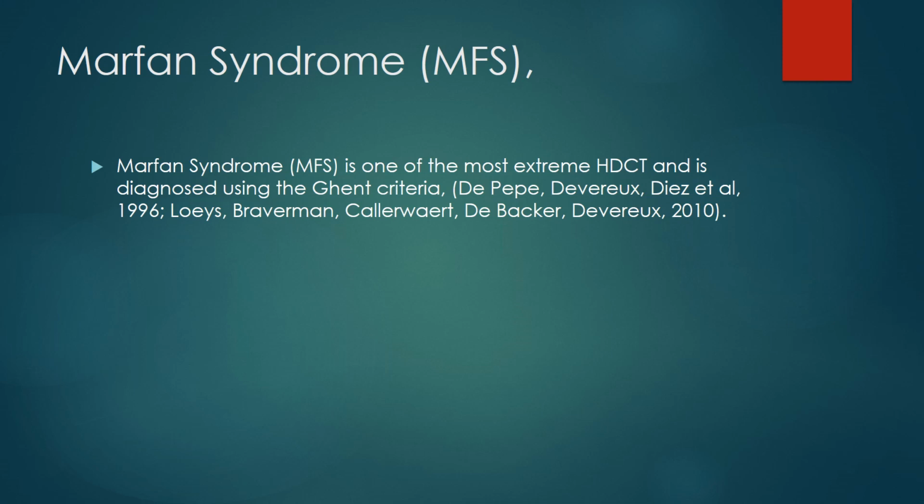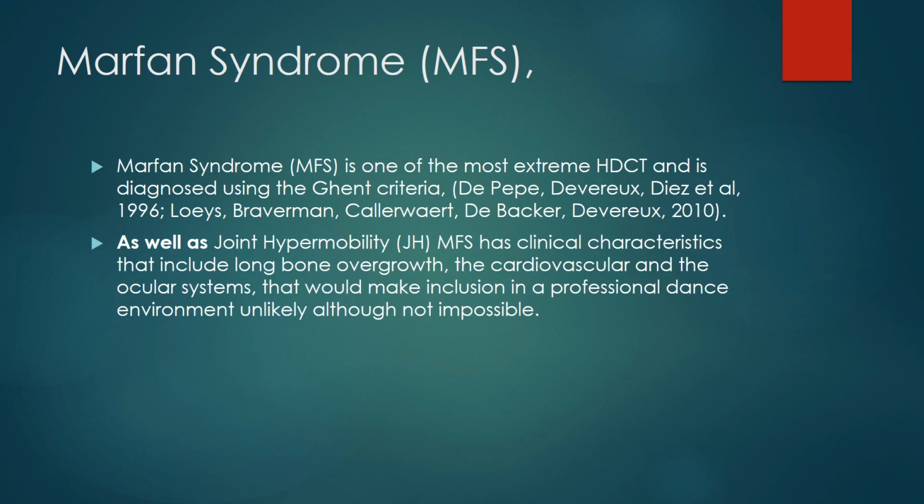As well as joint hypermobility and extreme flexibility, Marfan Syndrome has clinical characteristics that include long bone overgrowth and problems with the cardiovascular and ocular systems.